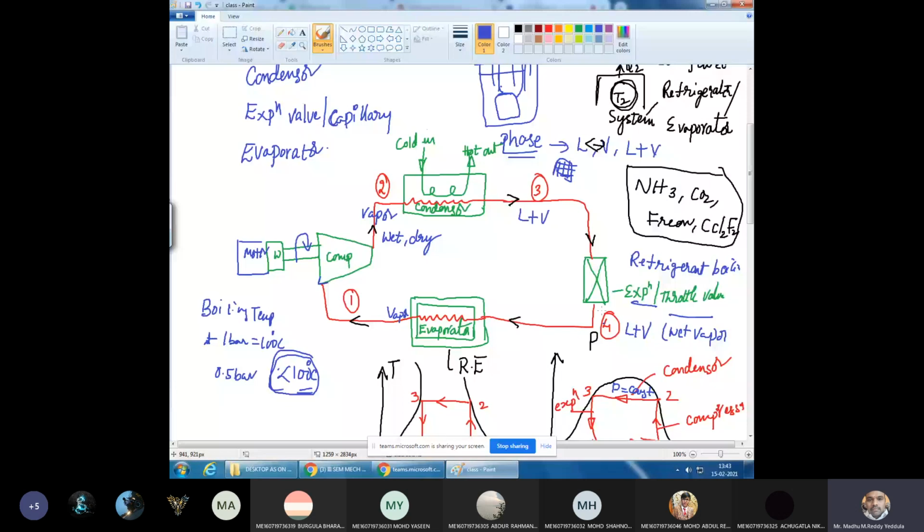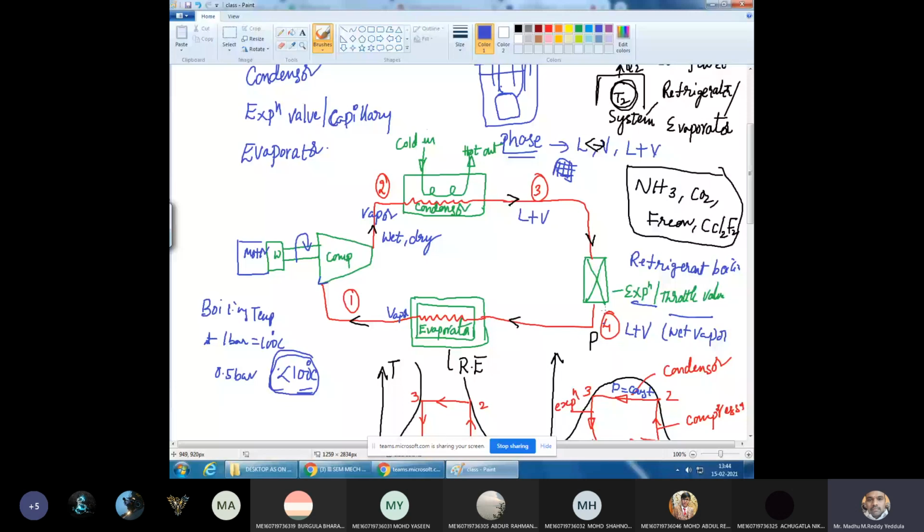Because if the temperature of the refrigerant entering the evaporator is equal to or more than the evaporator temperature, there is no use; there is no transfer of heat energy. As I said, heat will flow from high temperature to lower temperature. Therefore, the temperature of the refrigerant entering the evaporator should be less than the evaporator temperature.